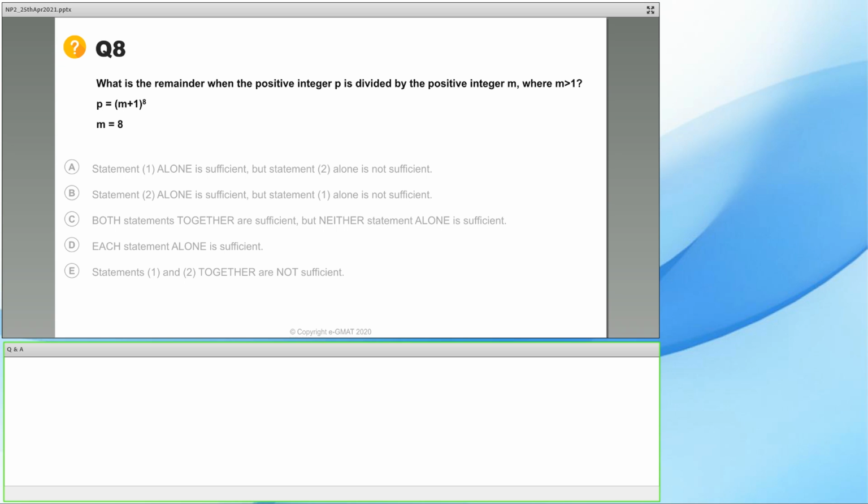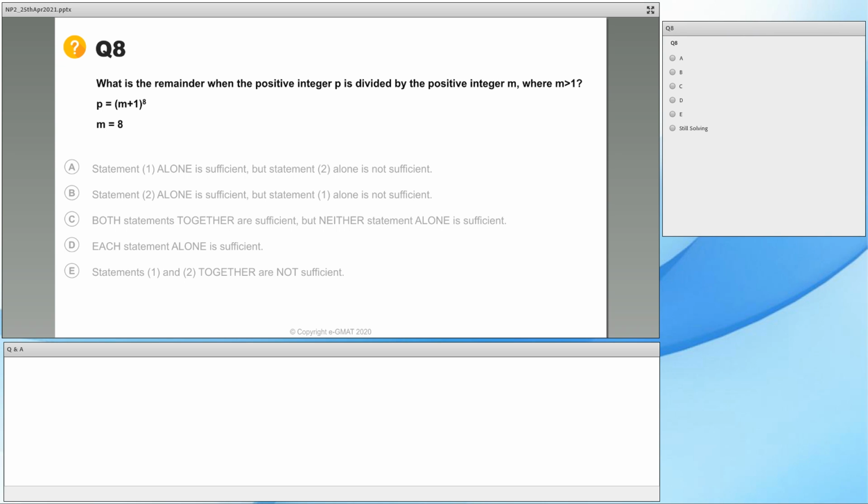Just one sec, guys. Let me bring in the right poll for you. This should be Q8. My apologies for that. Yeah, here it is. Same logic, guys. All those who are solving, please click on still solving before you begin.